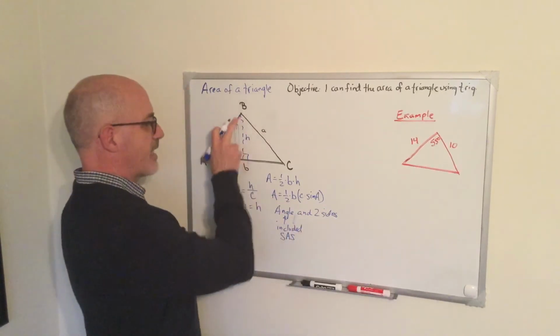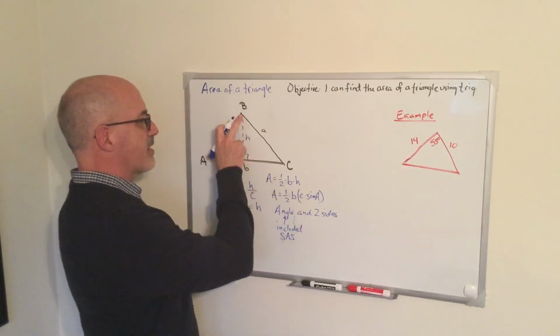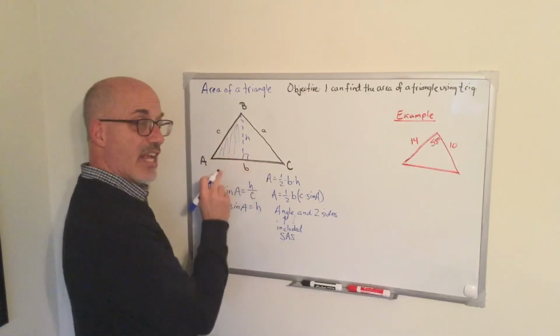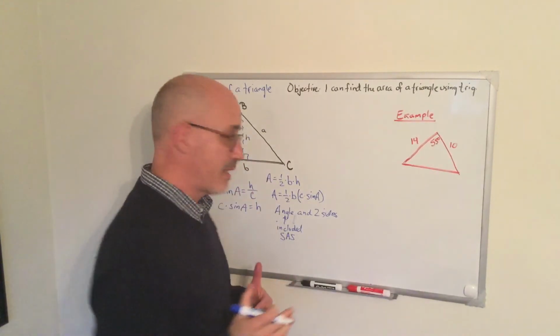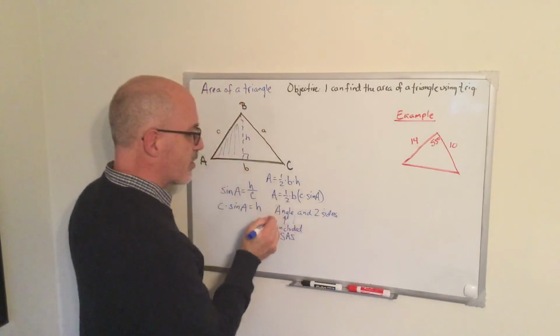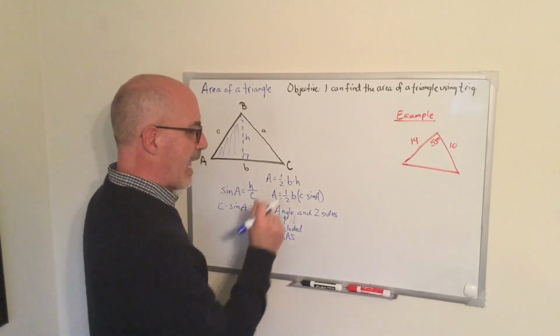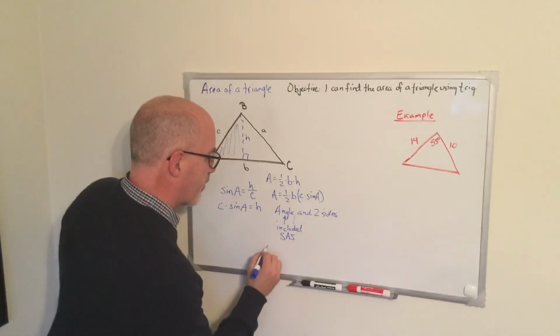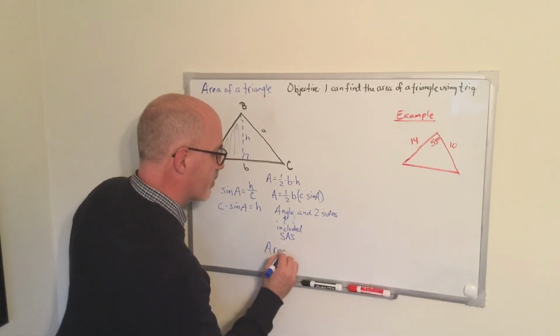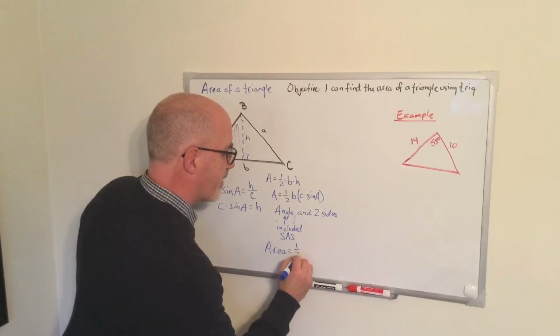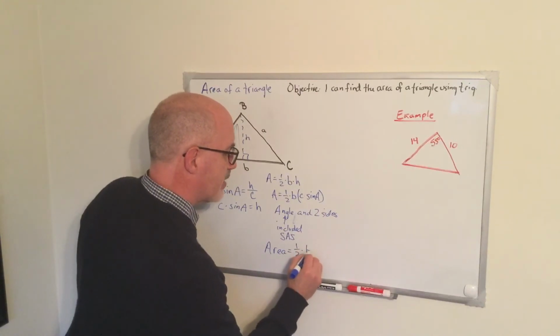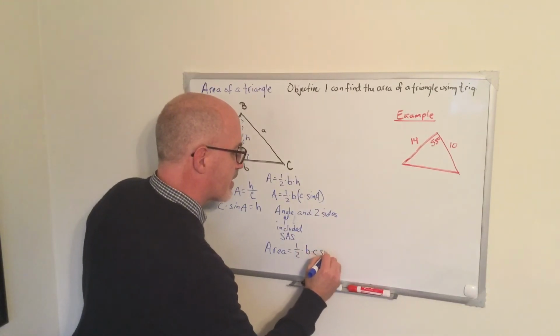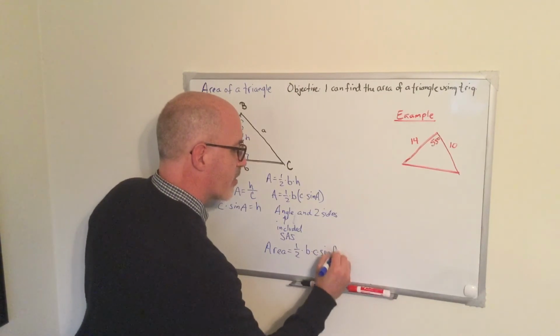Notice that side C is this side, side B is this side, and the angle A is between the two of them. It's included. So if you've got the included angle and you've got two sides, you can use this formula, and I'm just going to write it out, that area equals 1/2 times the two sides, B times C, times sine of that included angle.